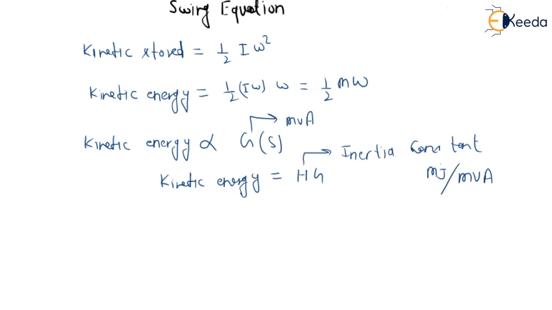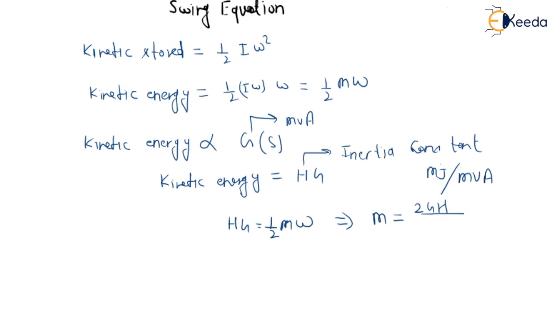Now we are going to equate these equations. So H into G is equal to half into M into omega. From here we want to find the value of M. So M will be equal to 2GH upon omega.